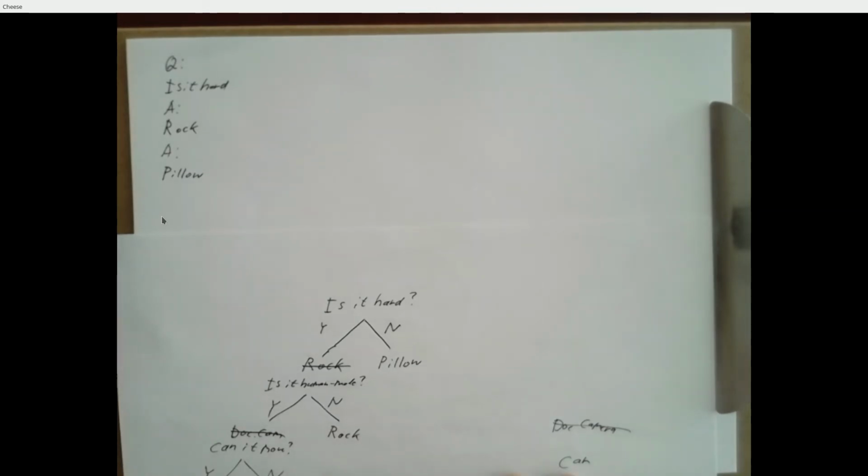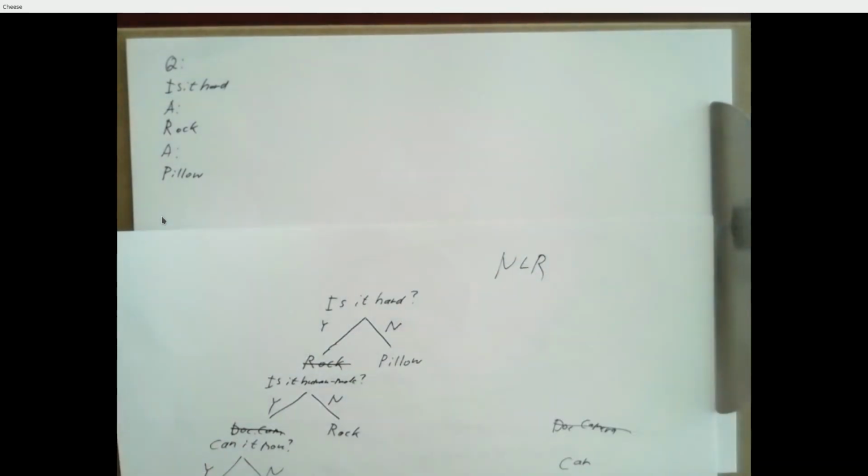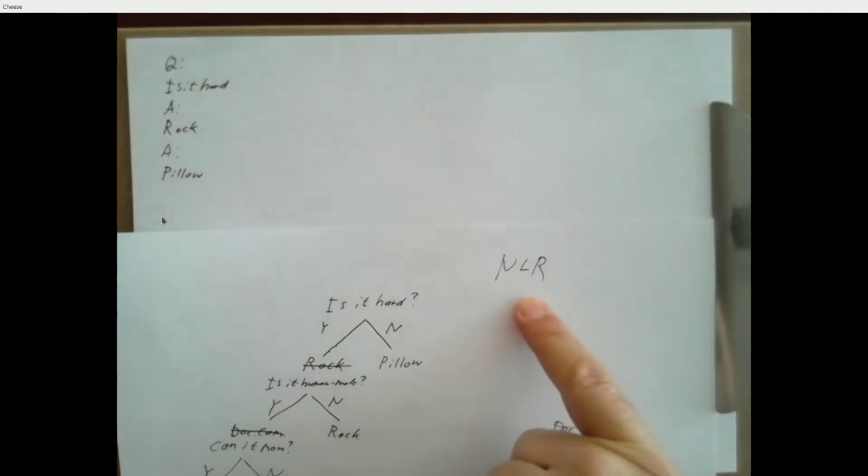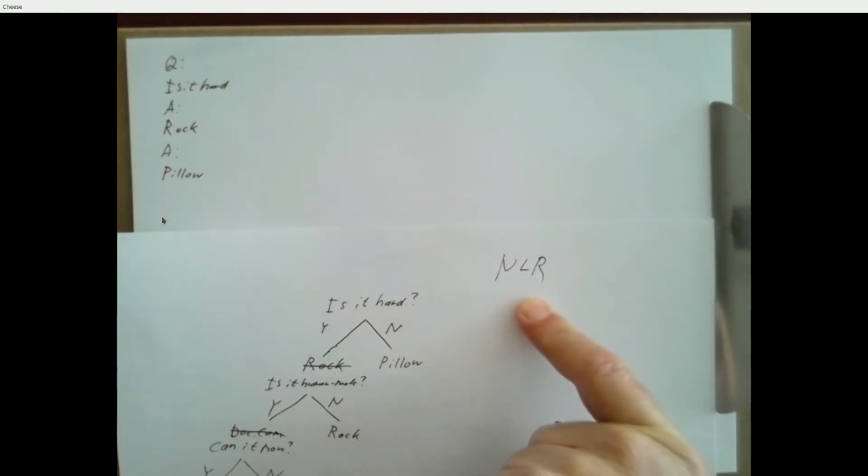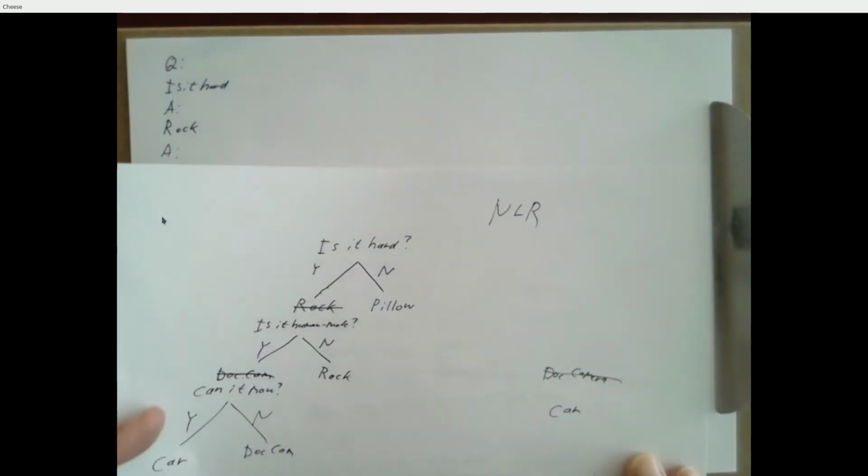So let me show you how to write a file. Just do a node left right traversal, pre-order. If you do your writing in this way, it makes it really easy to read back in and build a tree. So let's see what we get if we traverse this tree pre-order.